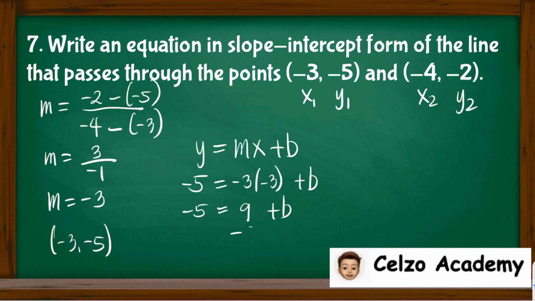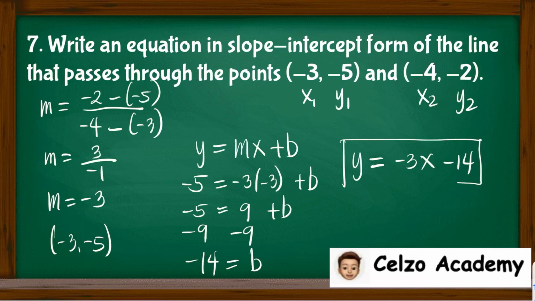Now we subtract 9 from both sides. So our b value is -14. Now we substitute m is -3 and b is -14 into the slope-intercept form. The equation for the line is y equals -3x minus 14.